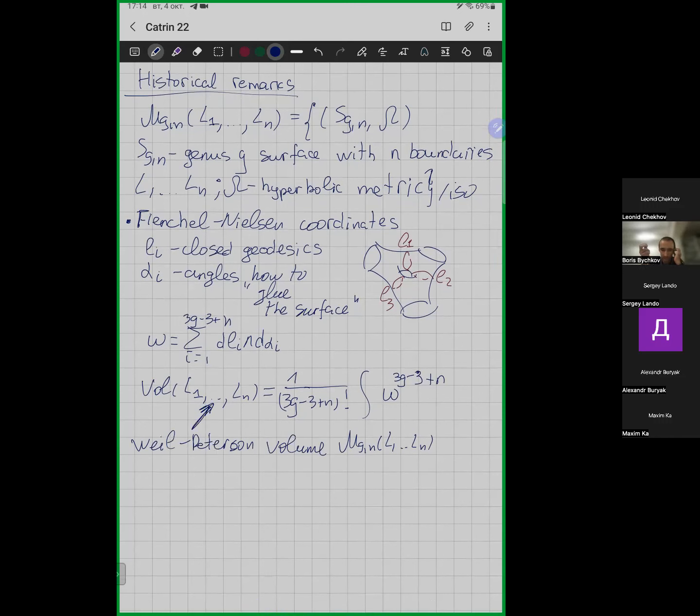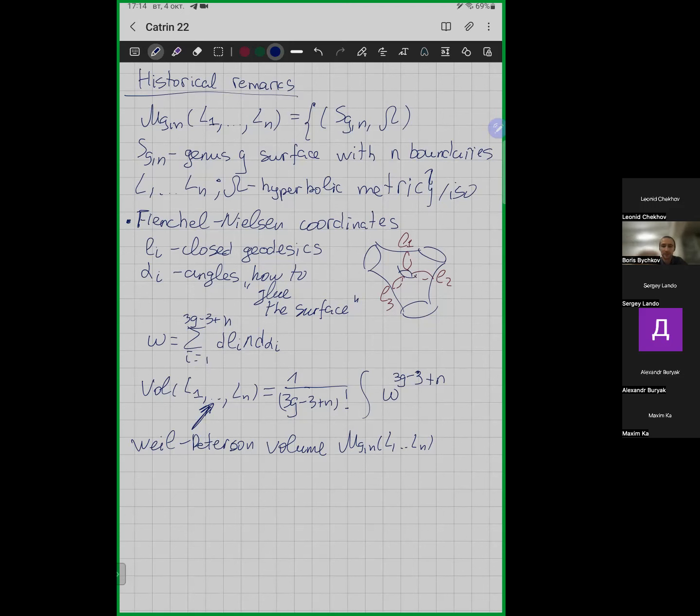Mirzakhani obtained a recursion on these volumes, and this recursion was very similar to a recursion which appears in the works of Eynard-Orantin in matrix models, as I understood.